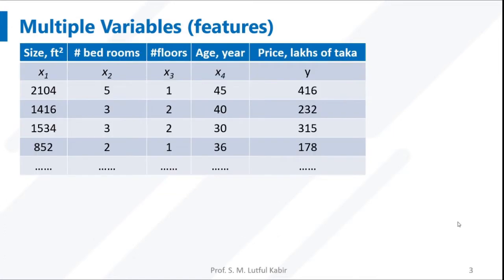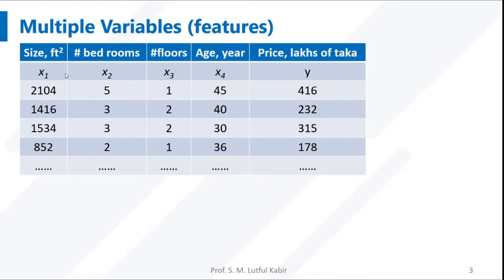So let us discuss multiple variables now. Instead of only size, there are other features which are bedrooms, floors, and also age of the house. And the price in lakh taka is, as usual, the predicted variable or the target variable.